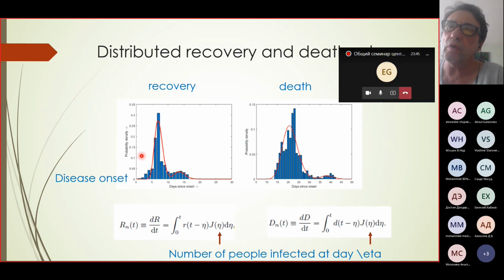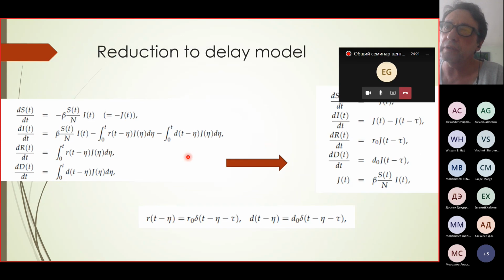For the SIR model, we replace this distribution by a constant distribution. Why is it not the same? Because in particular, in the beginning, very soon after the infection, there are no recoveries. But in the SIR model, we assume that there are recoveries with the same rate. So this is the main difference between these distributed models and SIR models, and we'll see later that this difference in the model formulation will also give a difference in the results.